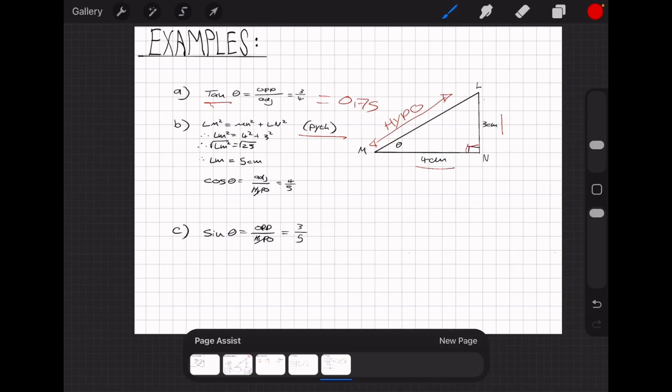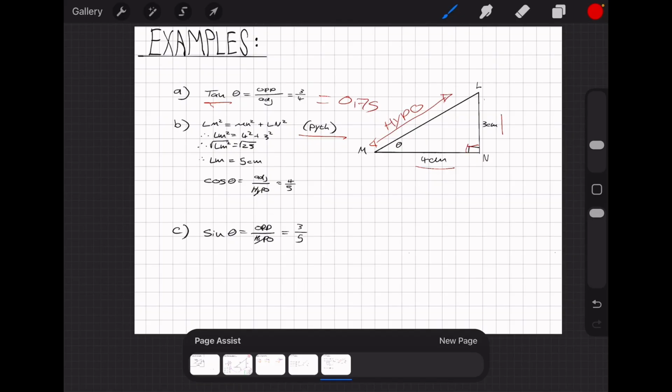LM squared equals 25. LM, or the square root of LM squared, equals 5 centimeters. Now we can work out cos. By putting our adjacent side over our hypotenuse side, we get cos equals 4 over 5.